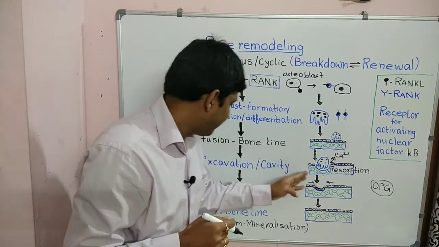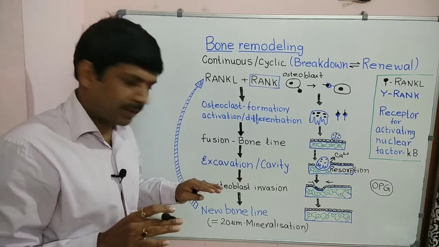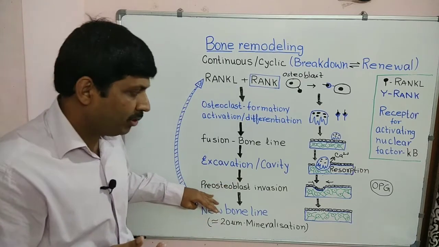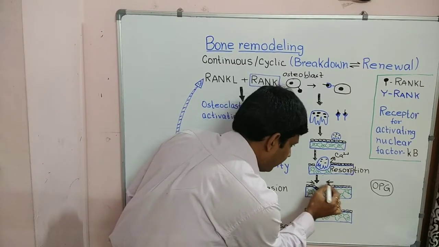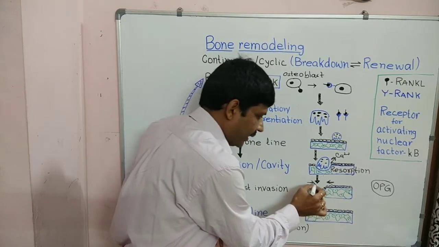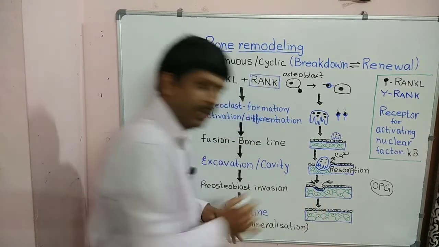Clear? Till here the breakdown process goes on. After this, there is a renewal process. What happens in the renewal process? There is invasion or induction of pre-osteoblasts in the cavity.